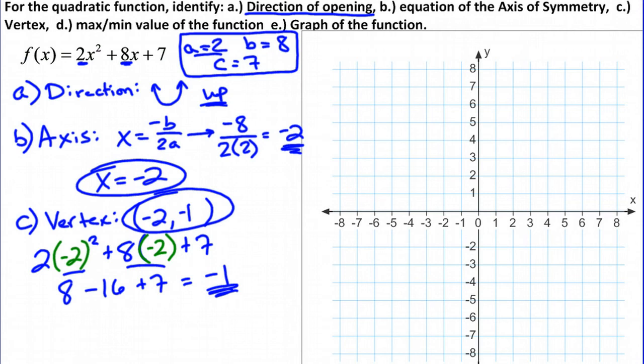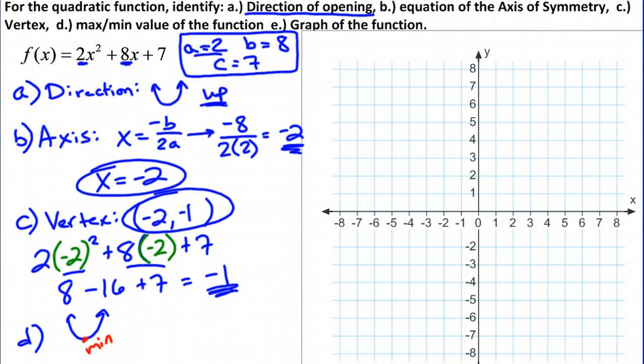Part D is asking us to identify the max or min value. Well, that is your y-coordinate. In this case, our parabola is going upward. Our vertex is at the bottom, so we must have a minimum when our parabola is going up and our vertex is at the bottom.